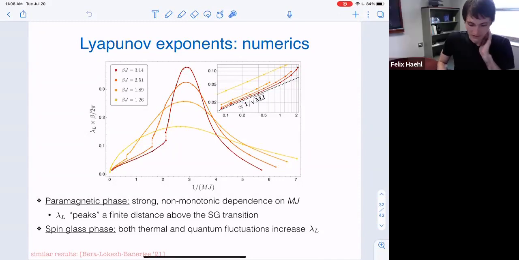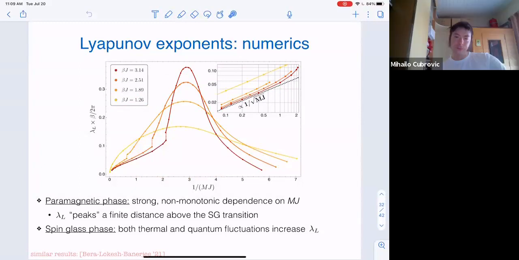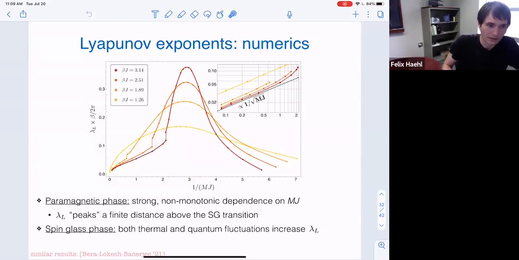Yes, okay. So of course, I don't know how to reproduce this from gravity, but one thing to say is that everything on this plot here is at finite coupling. So in particular, these beta J's here are all finite. The most natural regime to compare with a gravitational description would be for a large beta J. Now, one might ask what happens to these curves as we further increase beta J. Here, beta J of 3.14 is the largest that I plotted.